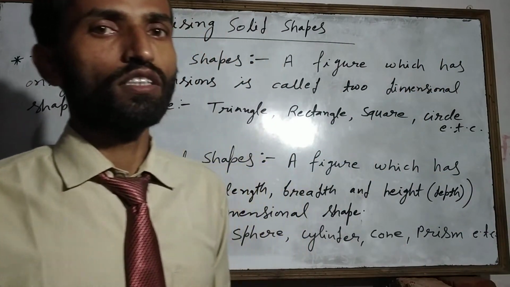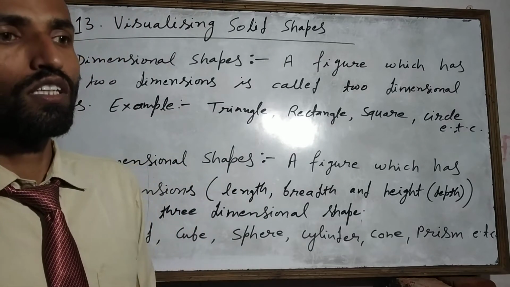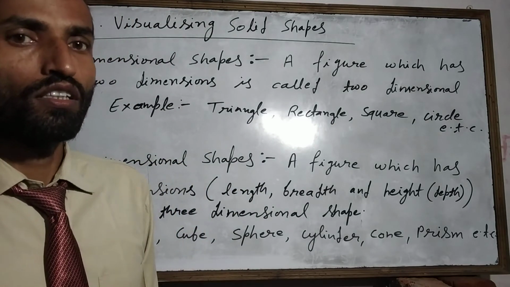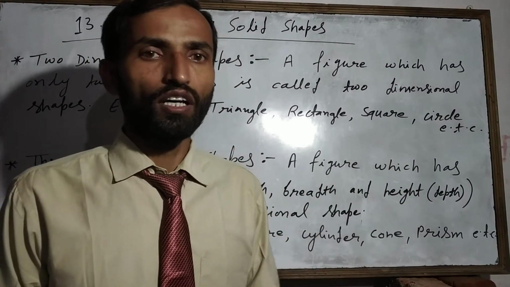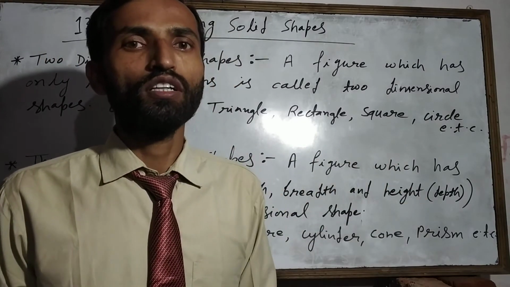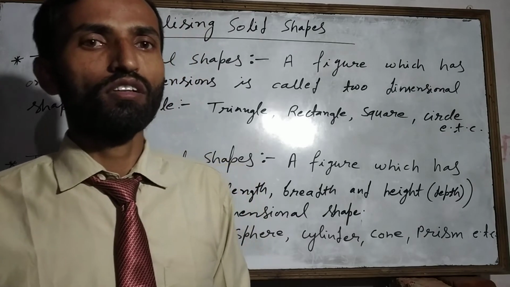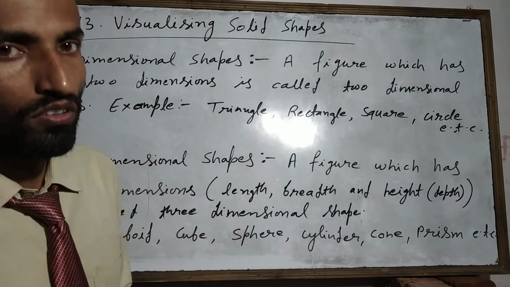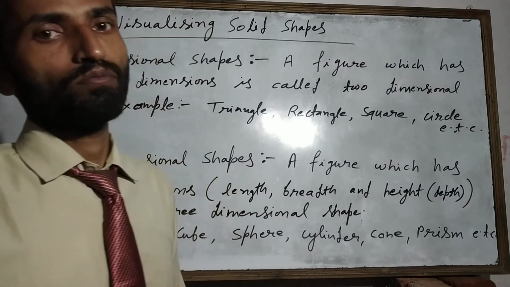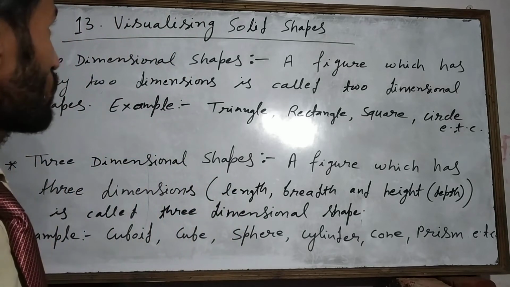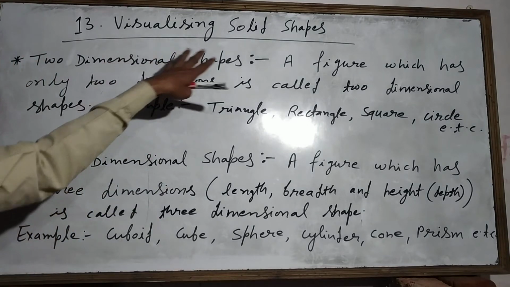No need to do the exercise of this chapter. Whatever I explain through the video, the definitions as well as one table, you just have to learn that table, and then you can answer the questions that come in the half yearly.